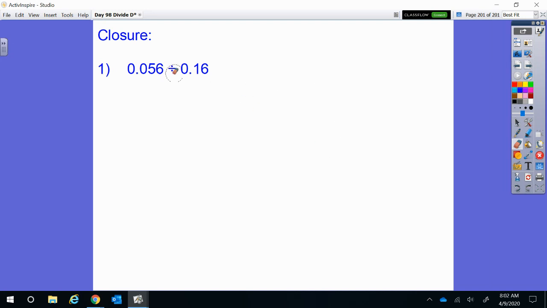All right, so this number being the divisor, you have to make this a whole number. 1, 2. So how many times did I move it? Twice. How many times do I have to move this? Twice. 1, 2. All right, so that's 16.